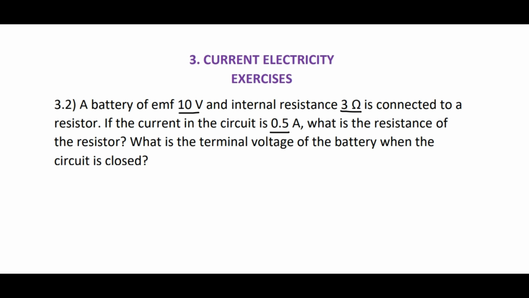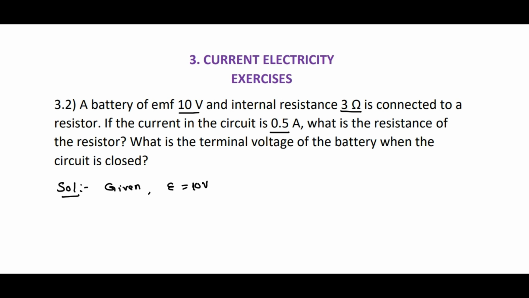That means the external resistance we need to find out. And what is the terminal voltage of the battery when the circuit is closed? Here the values given: E value is 10 volt, the battery of EMF.